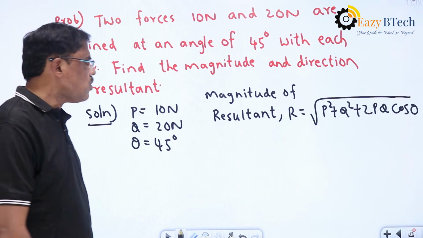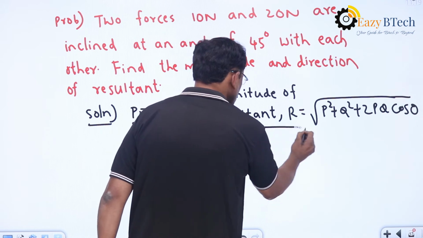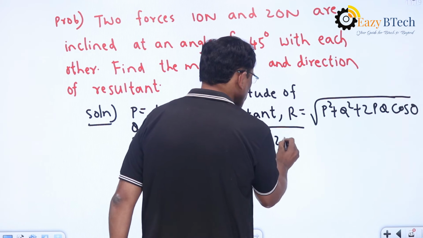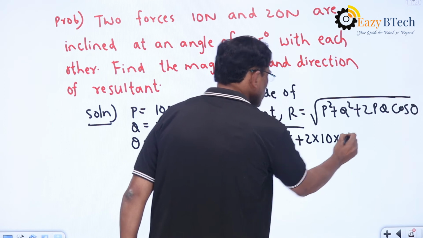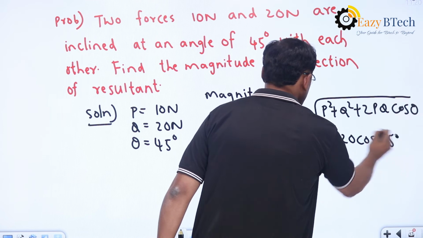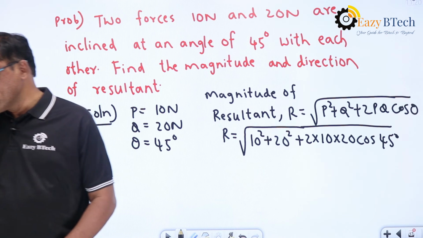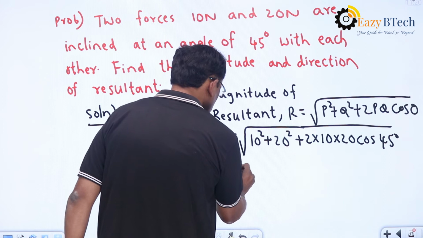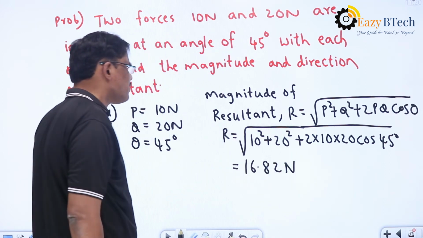So this is the formula. Now you substitute the values: 10 square plus 20 square plus 2 into 10 into 20 cos 45 degrees. So if you calculate this, the resultant value comes to 16.82 newtons.